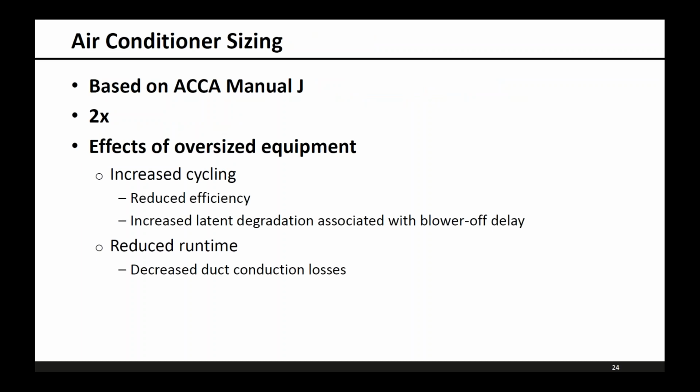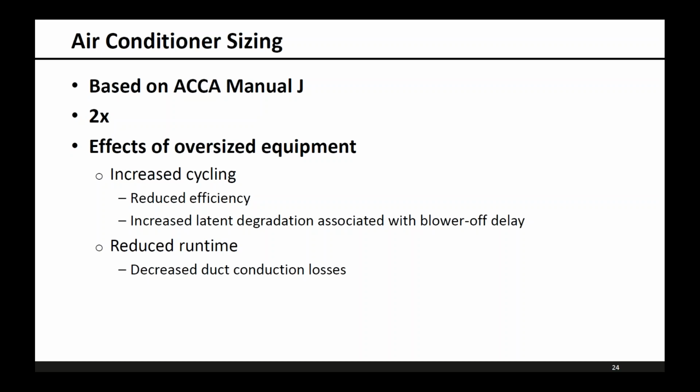Our baseline for the equipment sizing was based on an ACCA Manual J calculation. That served as our baseline equipment size, and then we also looked at equipment that was twice that size to see the impact of oversizing equipment.